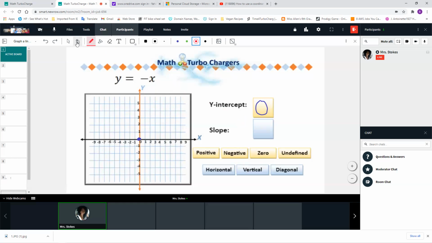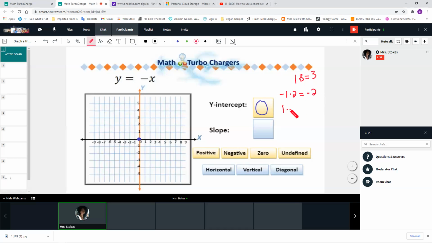Once again, this is a tricky question because I know my slope is always attached to my x and I don't see a number. Well, in math, when you have a variable and no number in front, that number is 1. If I have 1 times 3, that's going to give me 3. If I have negative 1 times 2, that's going to give me negative 2.